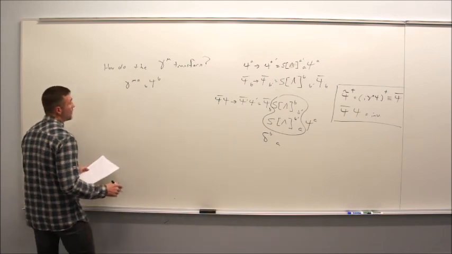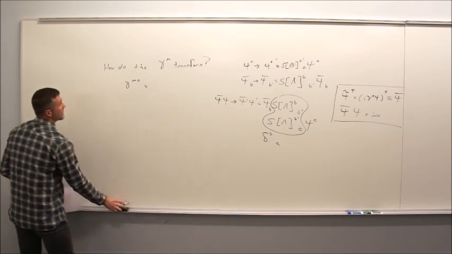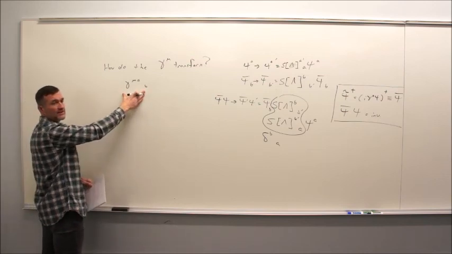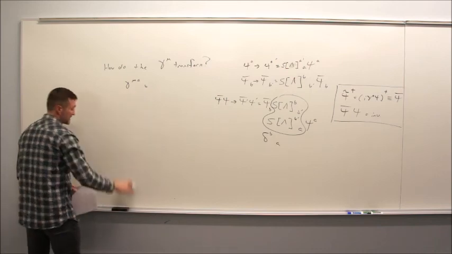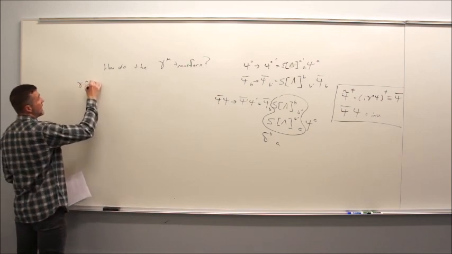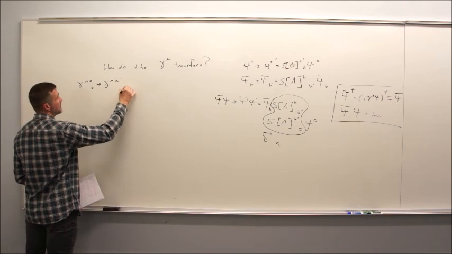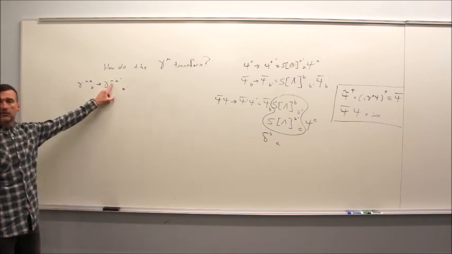And then, to figure out how this transforms, we just transform every single index on this thing. So we would say, let me give myself some room, that gamma mu A B goes to gamma mu prime A prime B prime, where we know how this index transforms.